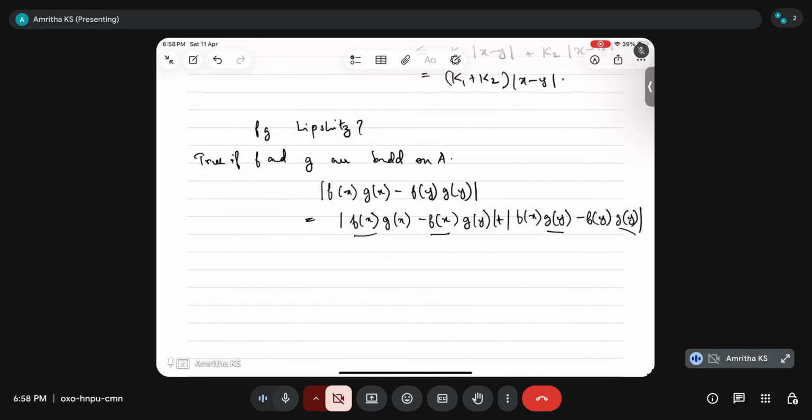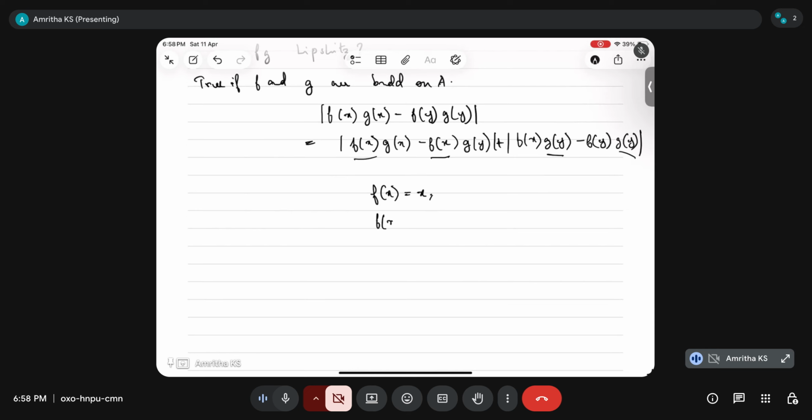Now if it is not bounded, it is not necessary that you will get the product to be Lipschitz. For example, you can take f of x to be x. Then one knows that this is Lipschitz, right? Because one can take the constant to be 1.